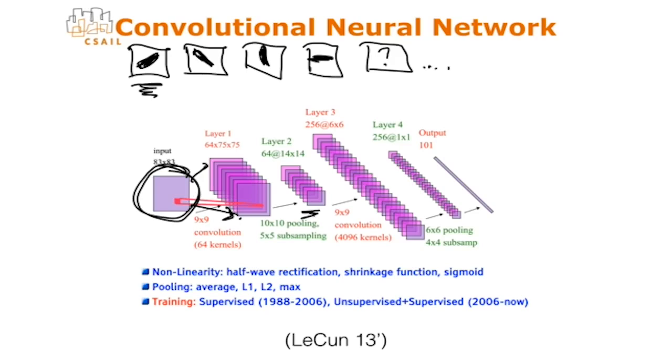Then I might run a pooling layer here that reduces the sizes of the images, and so on. So each of these feature maps defines a channel for information, okay?